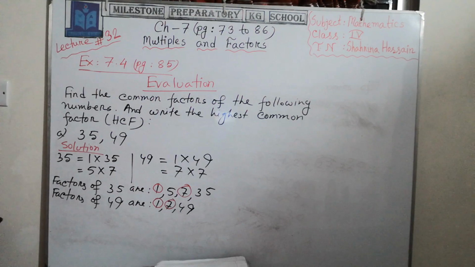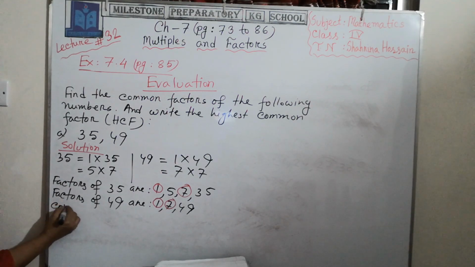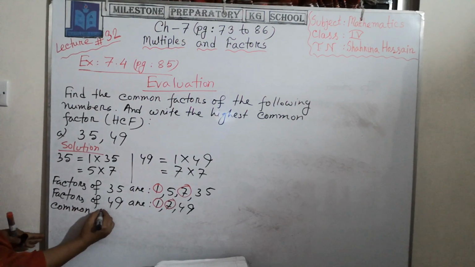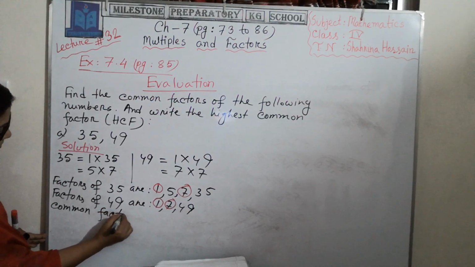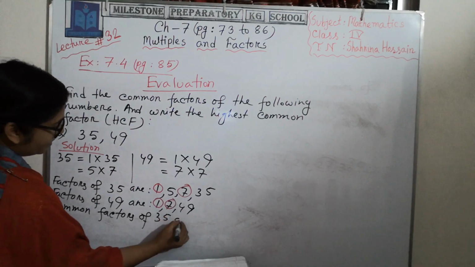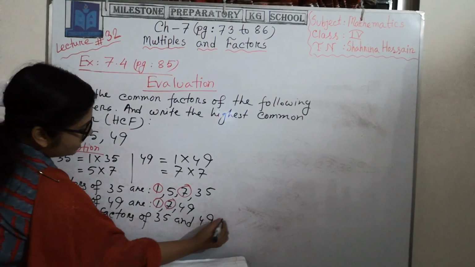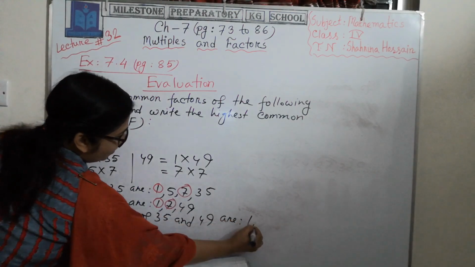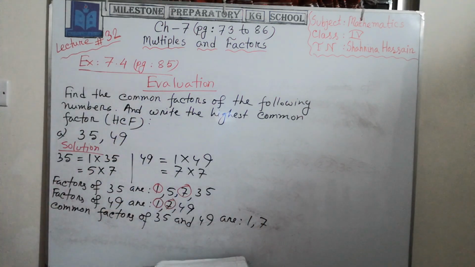Okay, so common factors of 35 and 49 are 1 and 7. Among these two numbers, 7 is the highest, right?